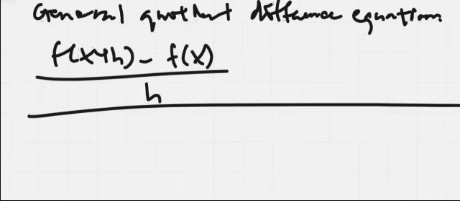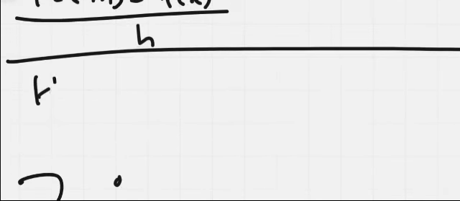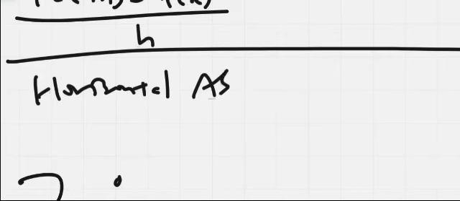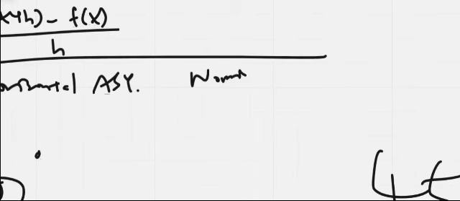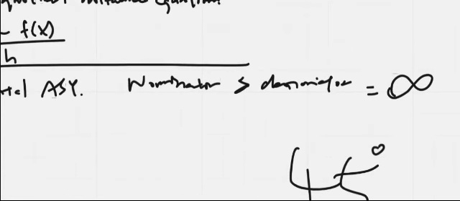As for horizontal asymptotes, we know that if the power of the denominator is greater than the numerator, we'll have a horizontal asymptote at 0.